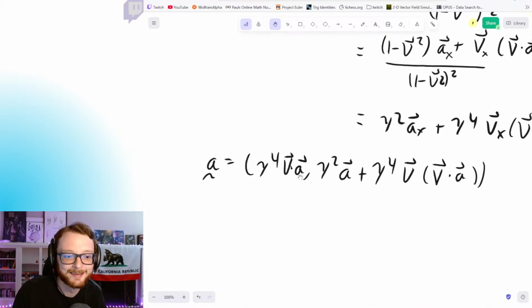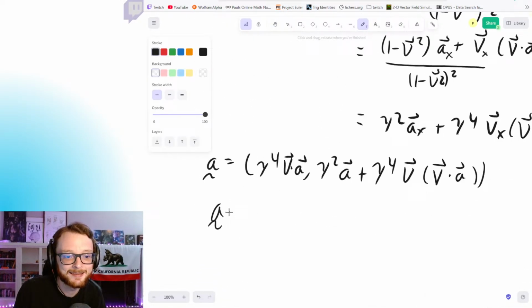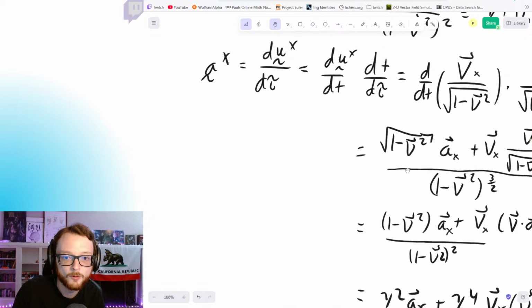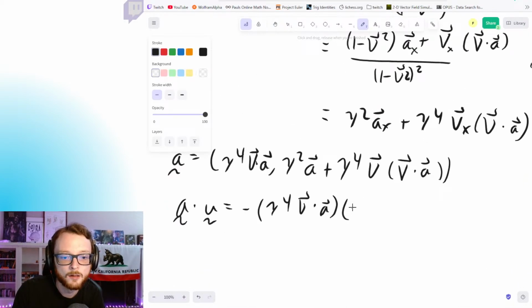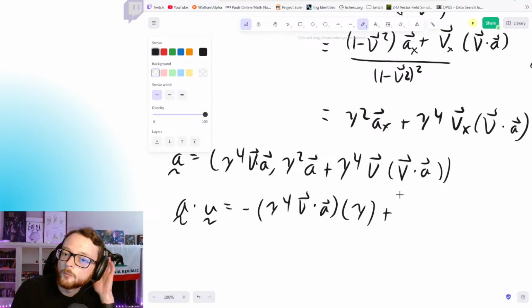So then a dot u minus the a component is gamma to the fourth v dot a times just gamma. Yep. Plus. Can we do this in one go? I think we can.